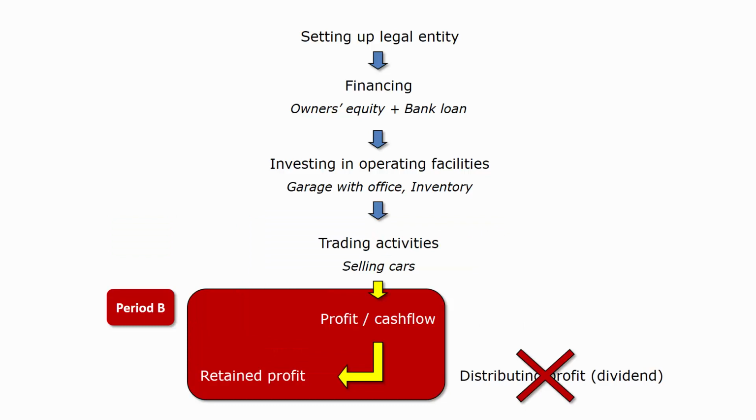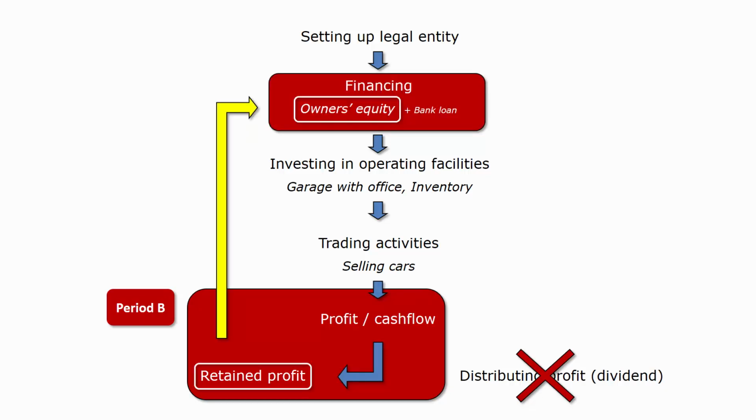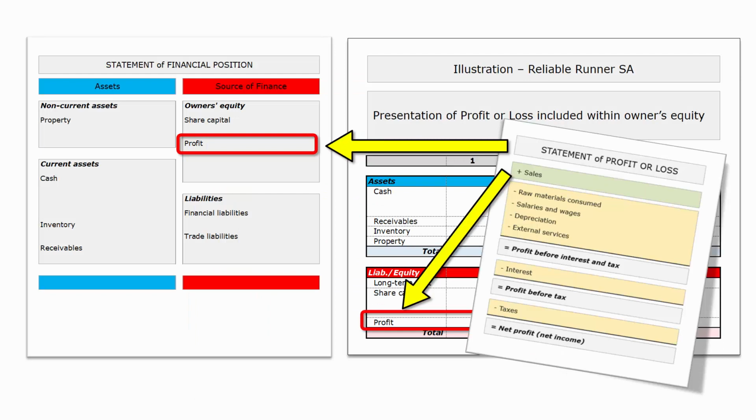We will assume that should there be any profits, they will not be distributed to shareholders as a dividend, but instead retained in the company, within owner's equity to finance the company's future growth. As the shareholders are the ultimate beneficiaries of any profits or losses, trading activities will have the effect of increasing or decreasing owner's equity.